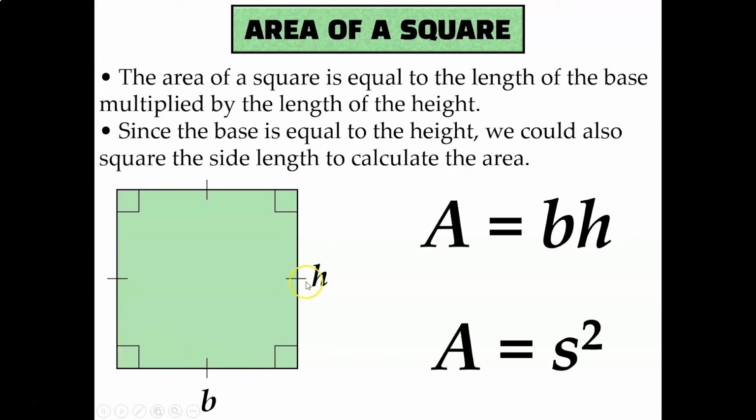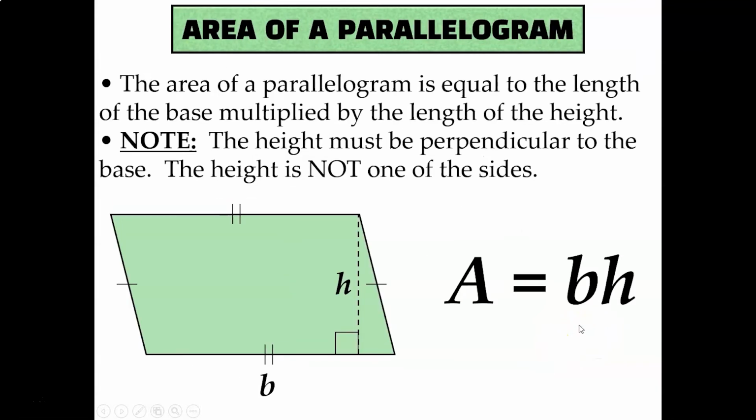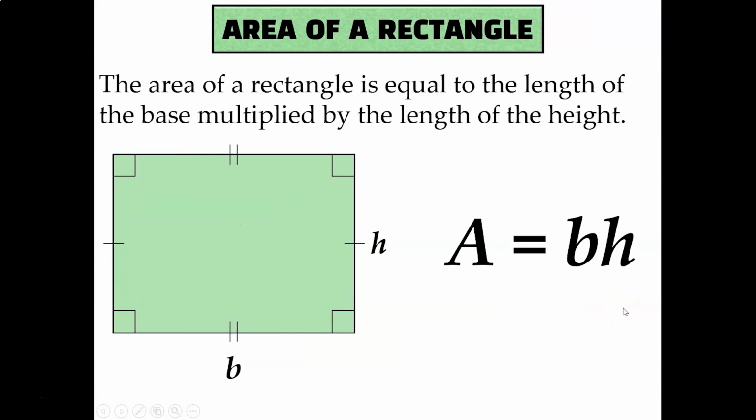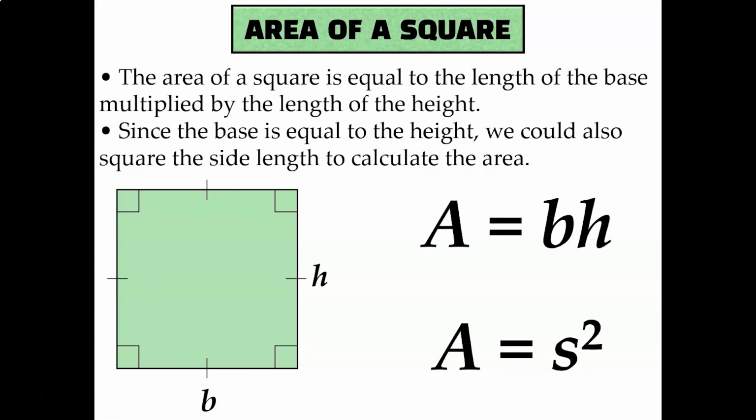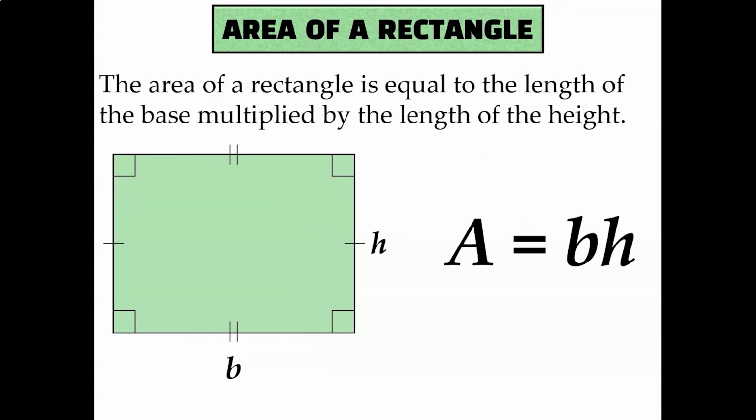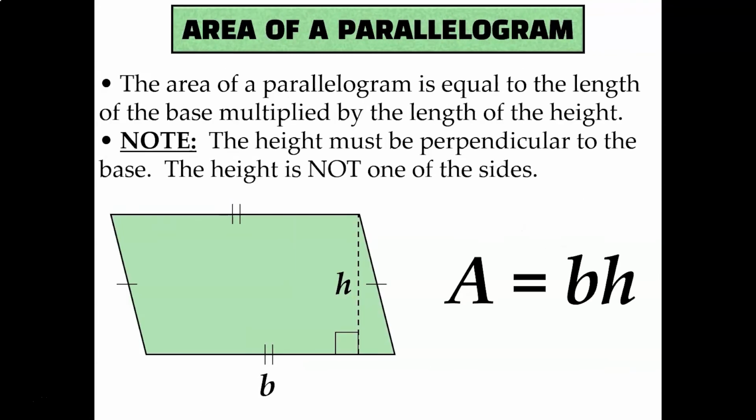So it's not just b and h, you could actually call it s and s. So in addition to calling it b times h, sometimes you'll also see the area of a square as s squared. And the area of a parallelogram is also base times height. So really all three of these formulas that we're going to be using for the quadrilaterals we'll be looking at today, they're all the same.